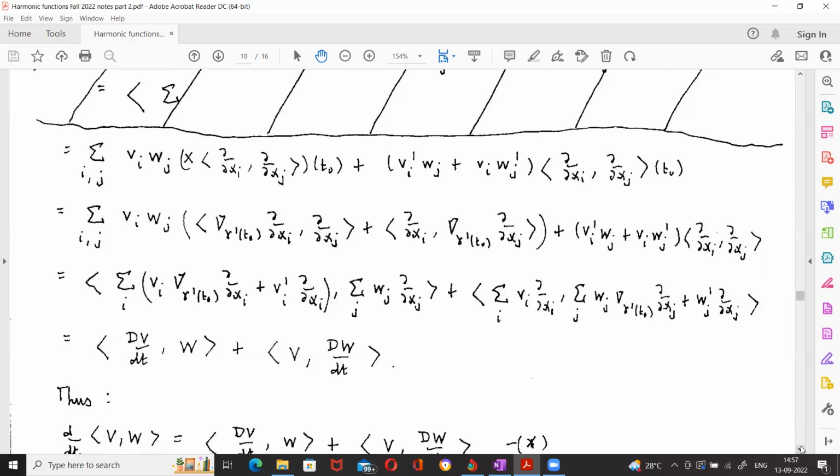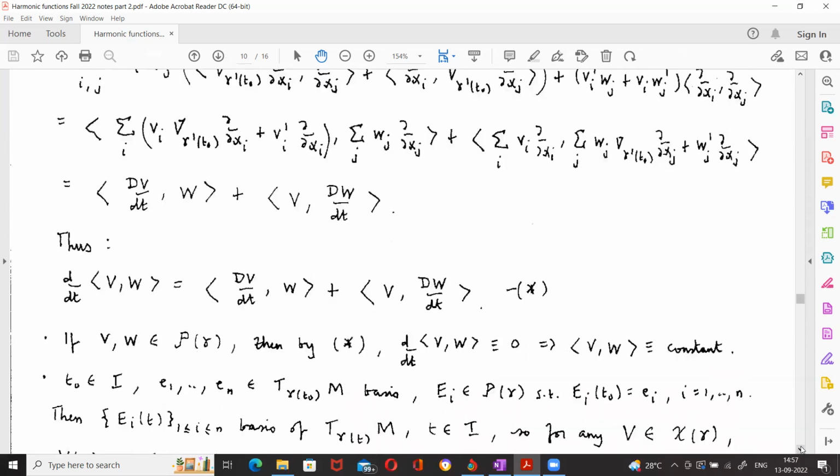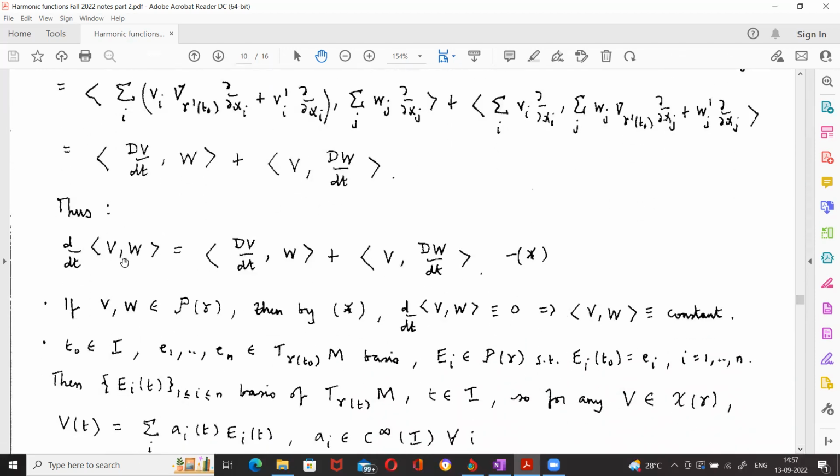So finally, this calculation gives us that d/dt of the inner product of V and W is the inner product of dV/dt with W plus the inner product of V with dW/dt. Is this clear? Yes. So this is a sort of metric compatibility for the covariant derivative along a curve, right?